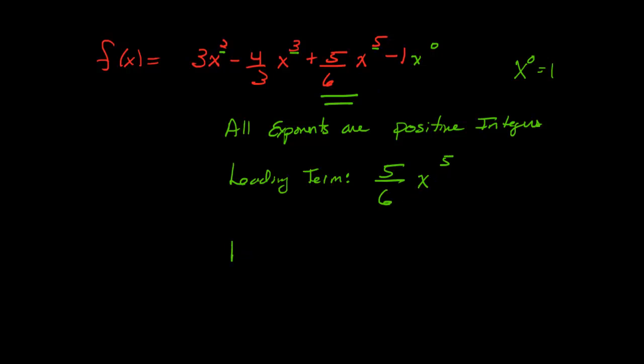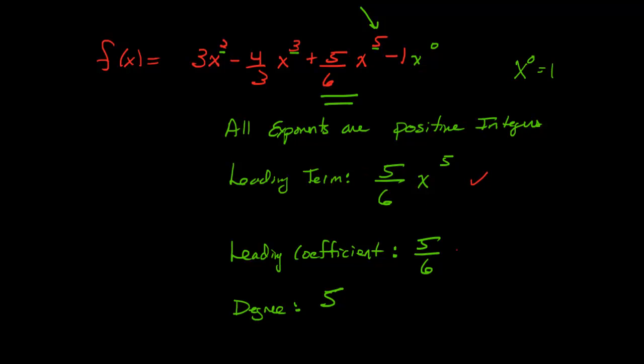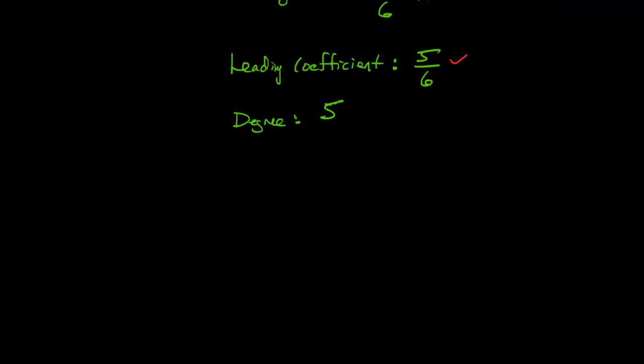And that implies that our leading coefficient is a positive 5/6. And the degree of this entire polynomial is deemed by the degree of the largest term, the largest exponent, which is part of the largest term. Our degree is a value of 5. So notice here we have a 5th degree polynomial with a leading term of 5/6 x to the 5th, and a leading coefficient of positive 5/6.